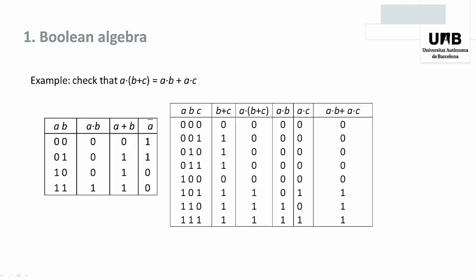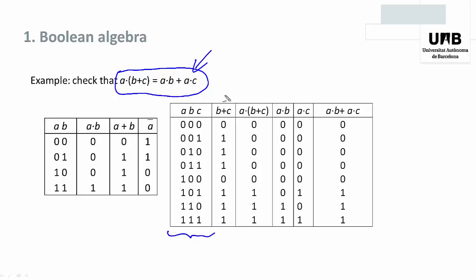For example, let us check the distributivity of the product with respect to the sum. For that, we can consider all the combinations of values of A, B, and C, and compute for each combination the value of both members of this equality.